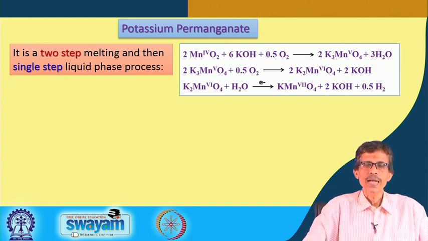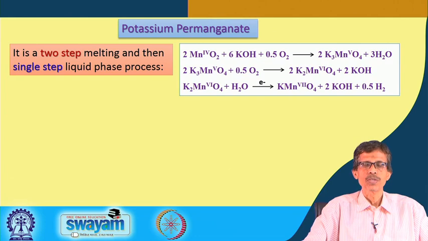So, it is basically a manganate form, and manganese is present in the pentavalent state, and that pentavalent state of manganese can further be oxidized to the hexavalent state. That we also still call the manganate. So, manganate plus 5, manganate plus 6, and then finally that manganate is converted in the electrolytic process.